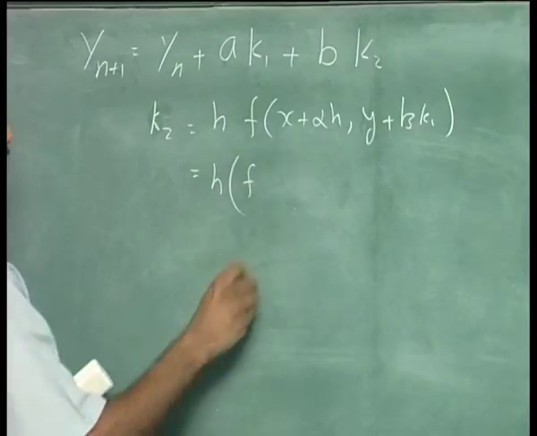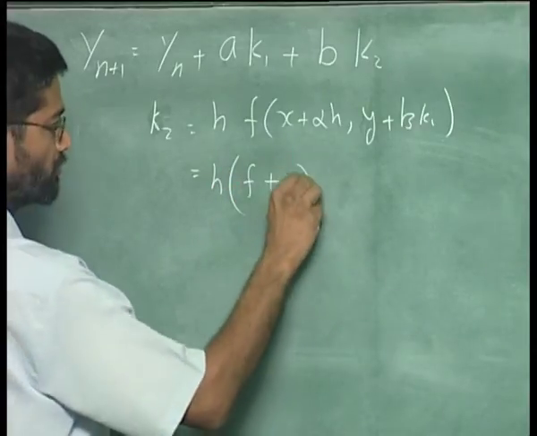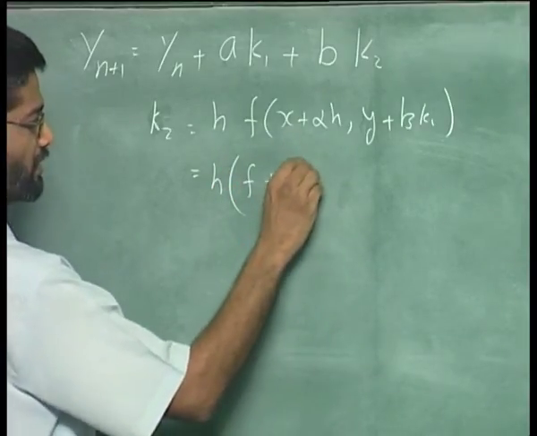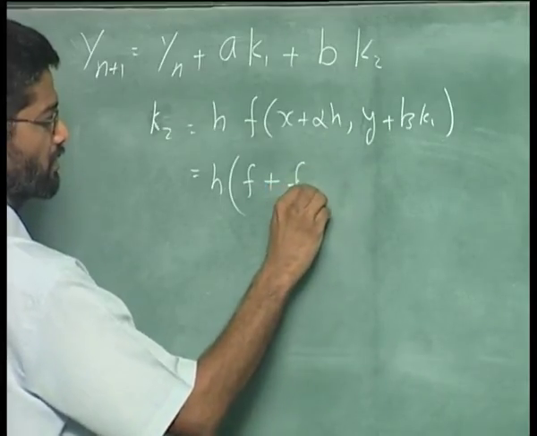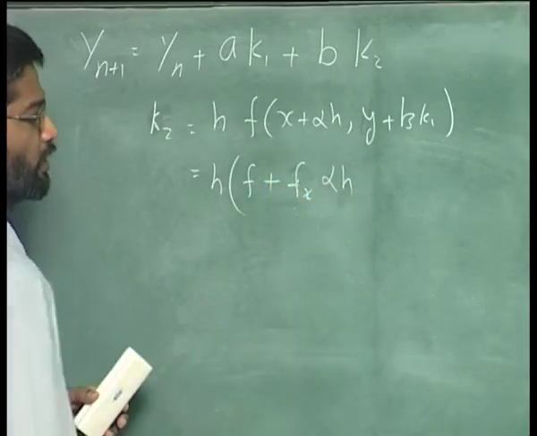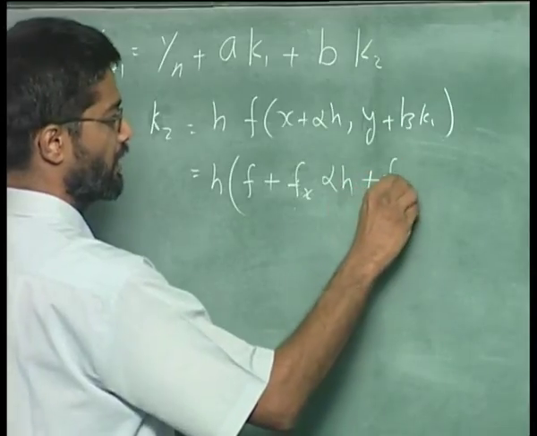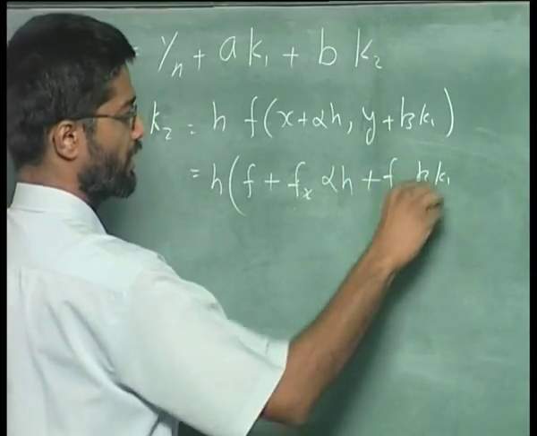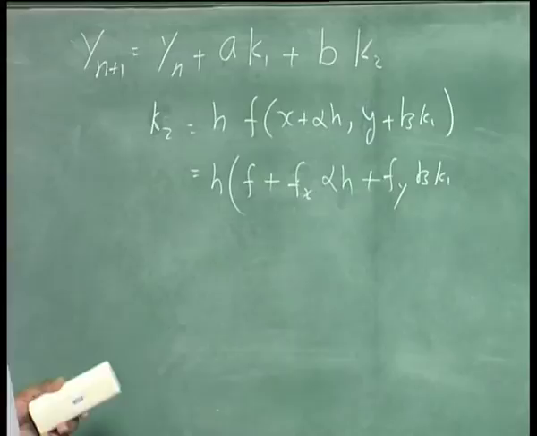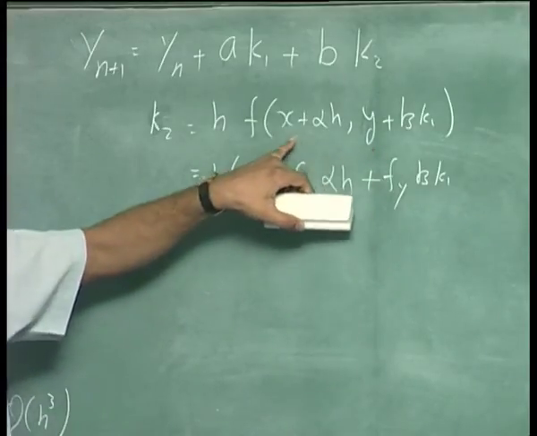So that is f plus f_x, del f by del x, times alpha h, plus f_y times beta k1, and I am expanding around x and y.